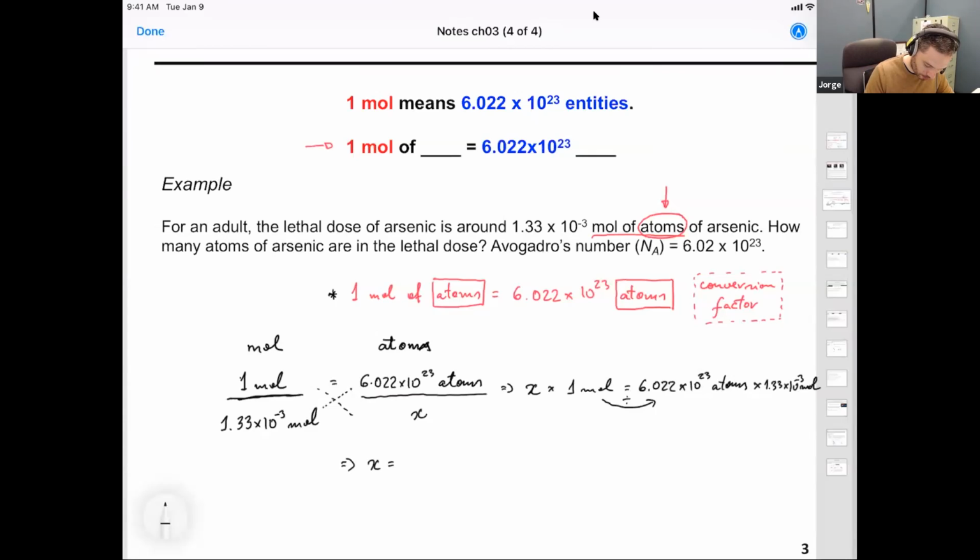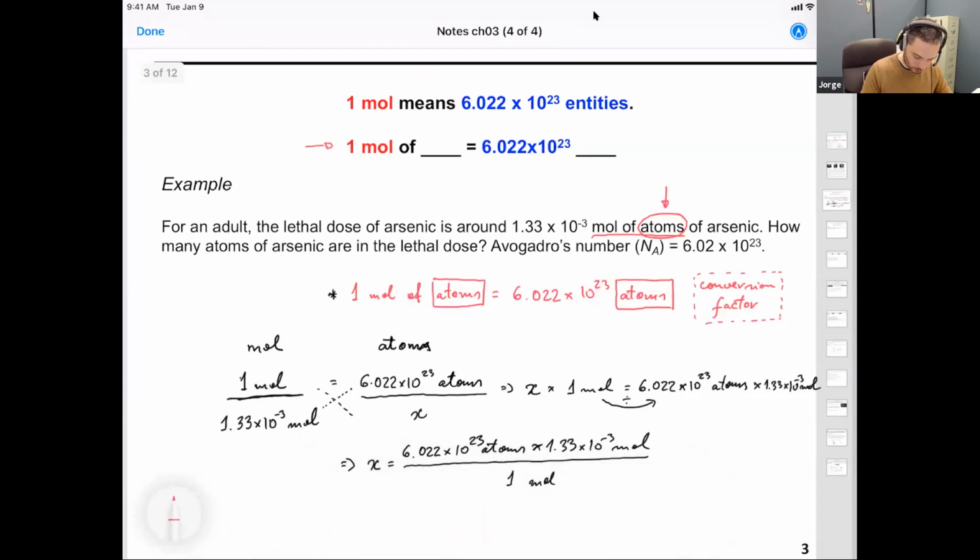x is going to be equal to 6.022 times 10 to the 23rd atoms times 1.33 times 10 to the minus 3 mole over 1 mole. You can cancel mole with mole.